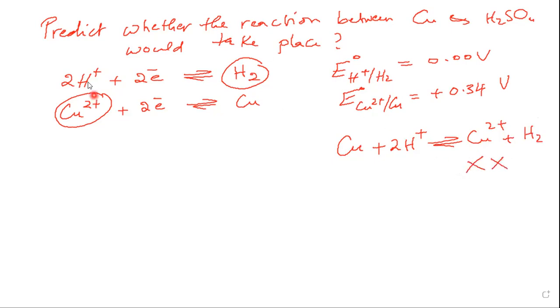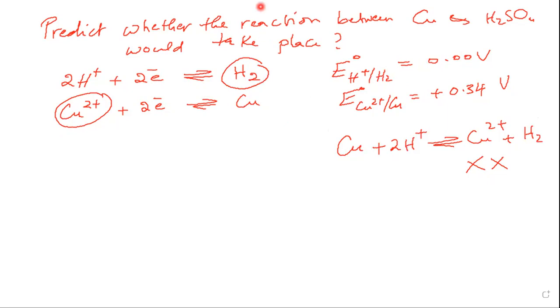Because when we arranged the two half equations so that the one with the less positive value is at the top, and the one with the more positive value is at the bottom, this means that the one on the top right would react with the one on the bottom left, and not the opposite. They wanted copper reacting with hydrogen ions, so this reaction will not take place.